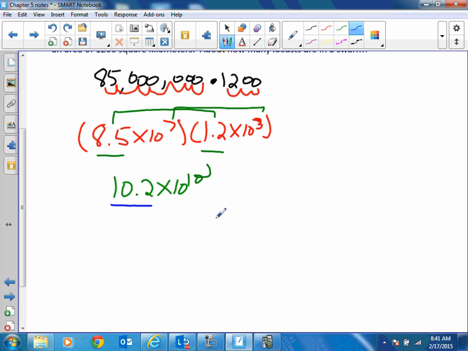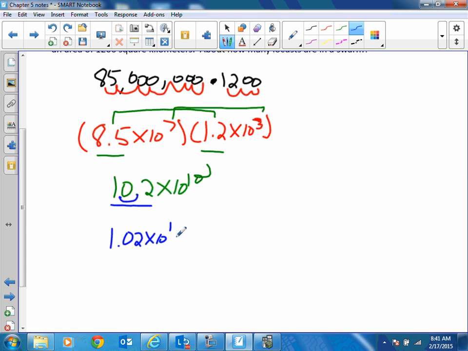But one way to think about this is 10.2, if we wanted to move the decimal point over 1, would be 1.02 times 10 to the 1. Okay? Because 1.02 times 10 would be 10.2. So basically what we're doing is moving it over, and just like we did here, moved it over 7 times, we got 10 to the 7th. Moved this over once, got 10 to the 1st.